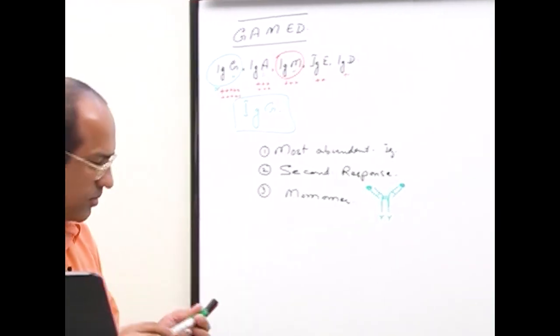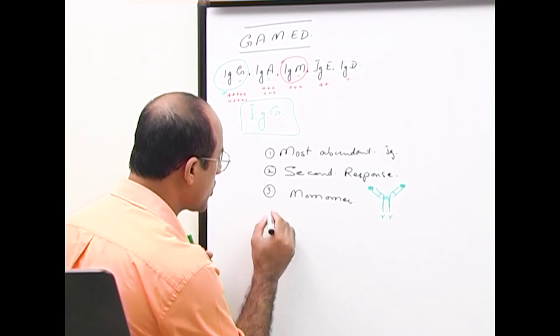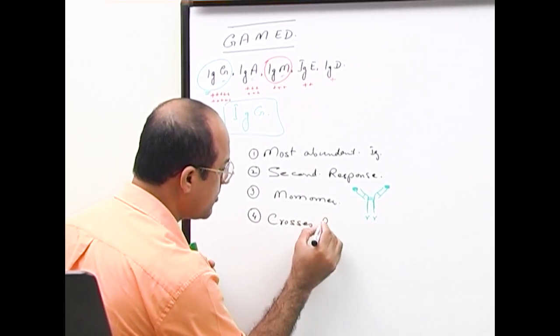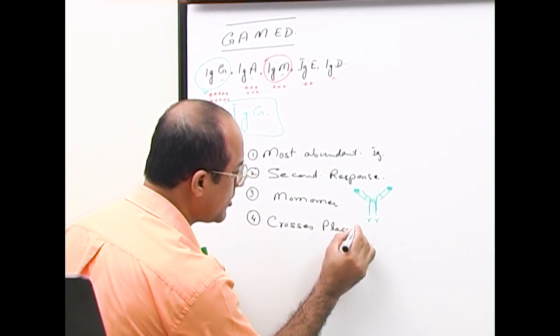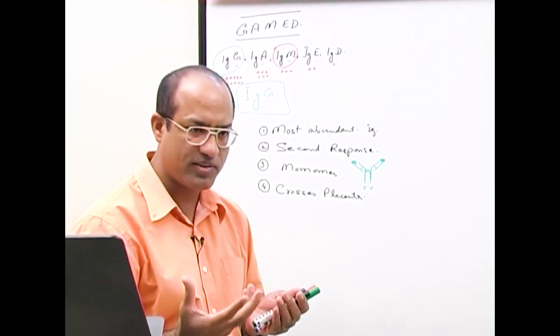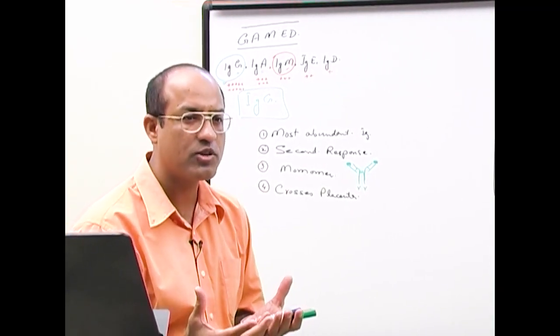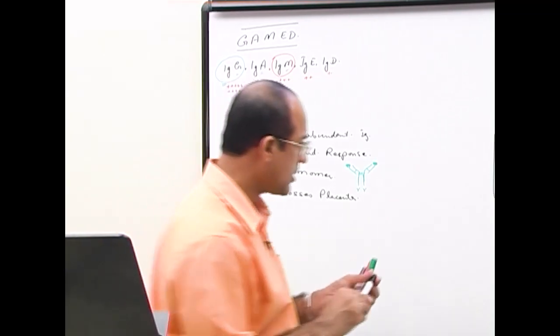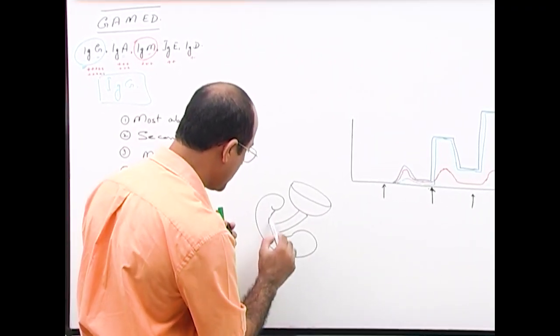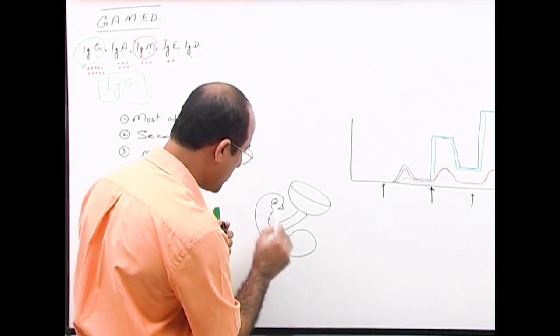Now, another thing which is important about it is that it crosses placenta. So it means that placental cells express the receptors for Fc portion of IgG. Let's suppose here is placenta and here is your fetus, right?